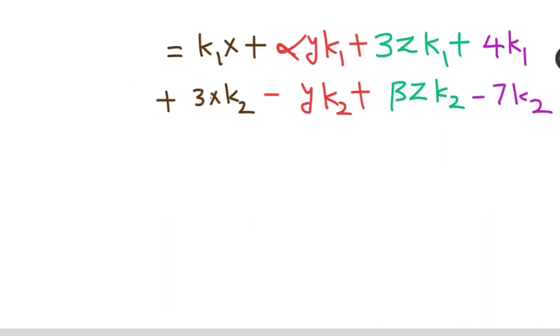So we are going to compare with the LHS. What do we have? We have 2x plus 3y minus z minus 5.